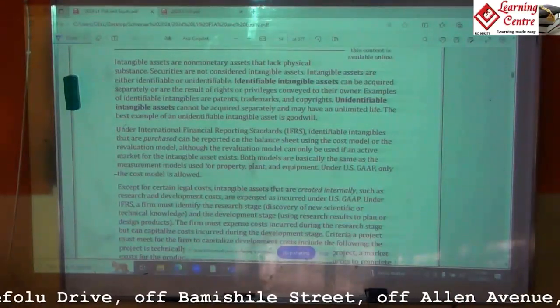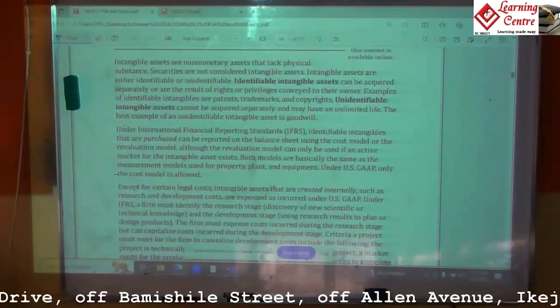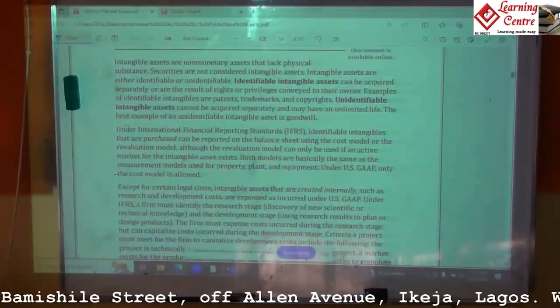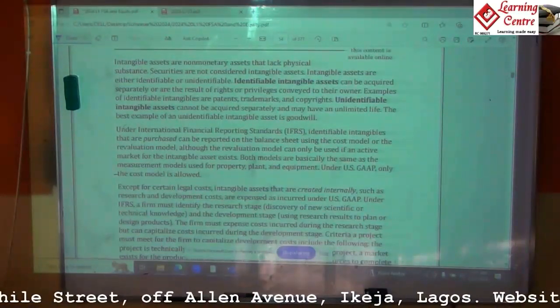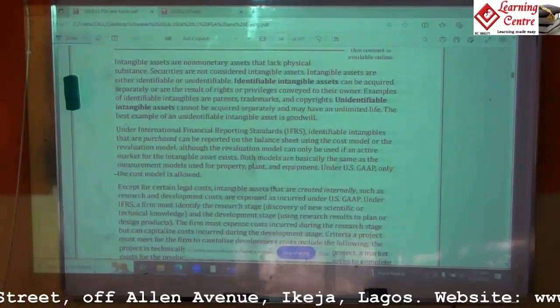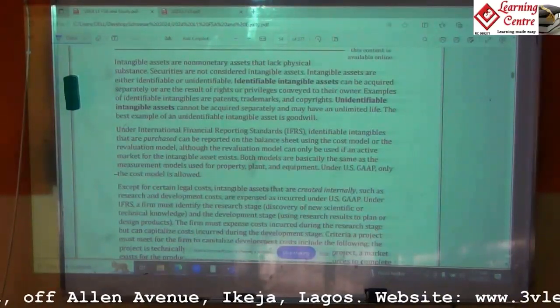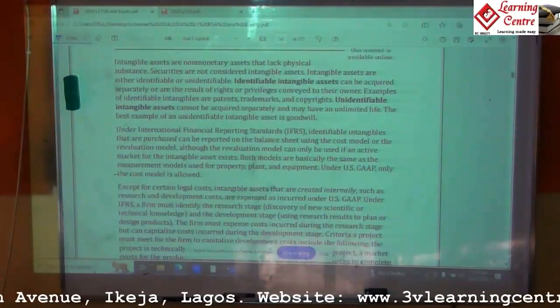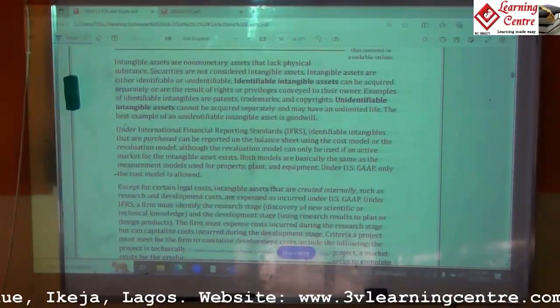So what you don't identify, you test it for impairment.